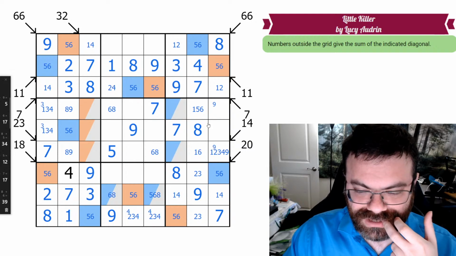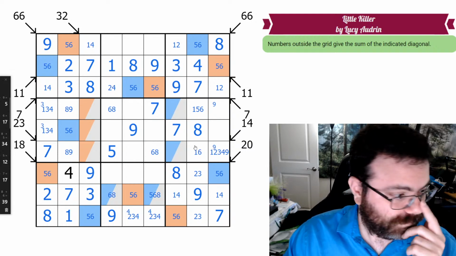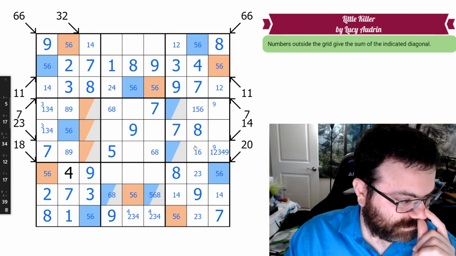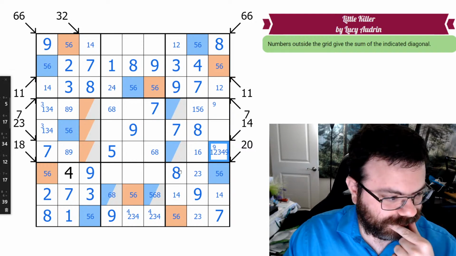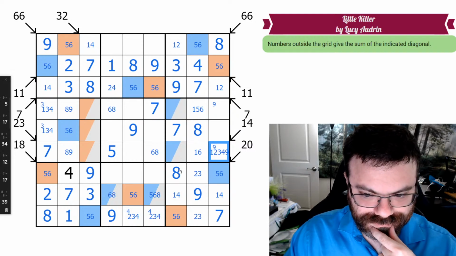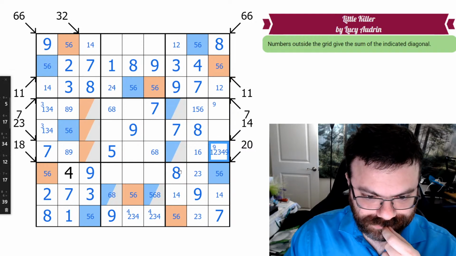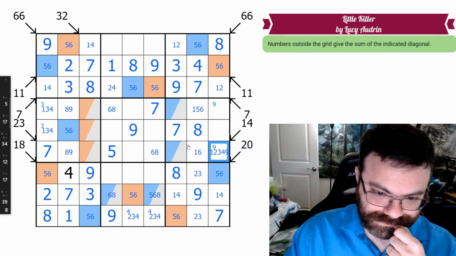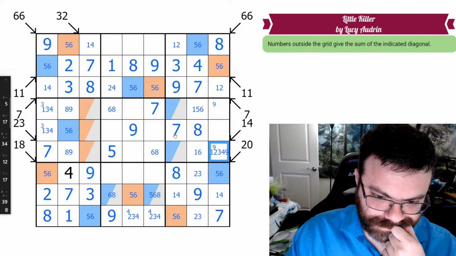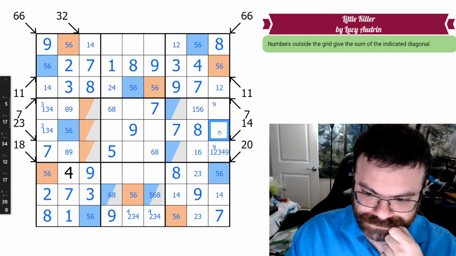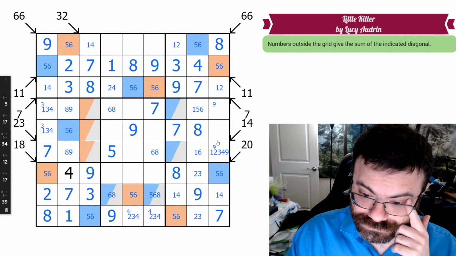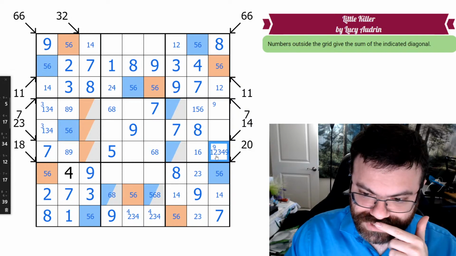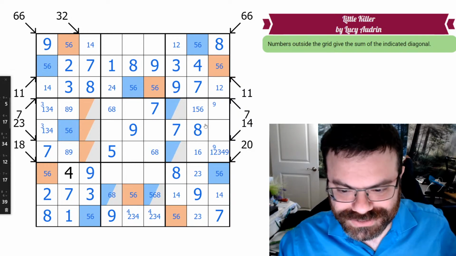It's not an X-wing, but anyway. There's something with this 14, but I don't quite get it. Maybe there's more Sudoku to do.